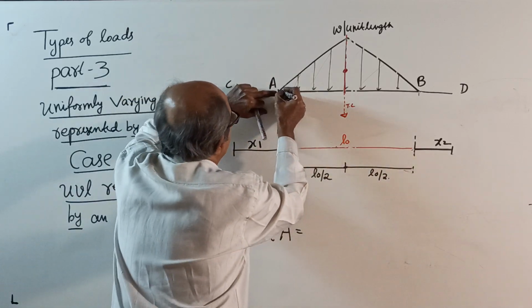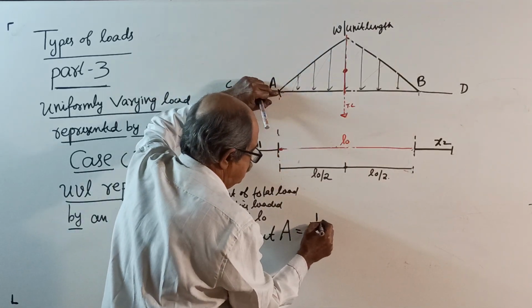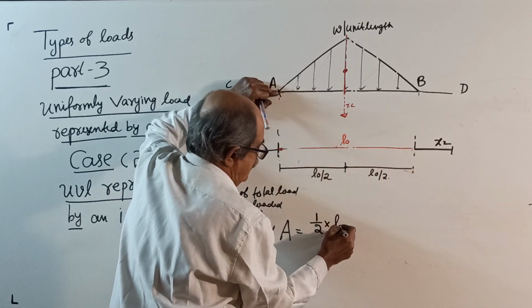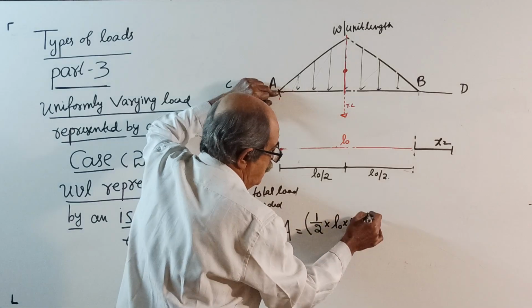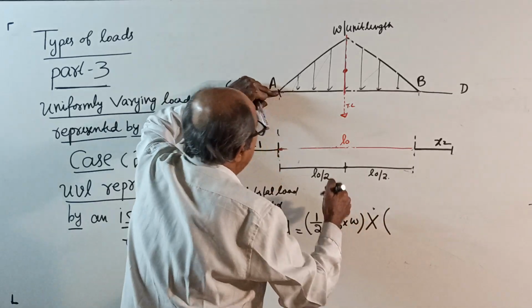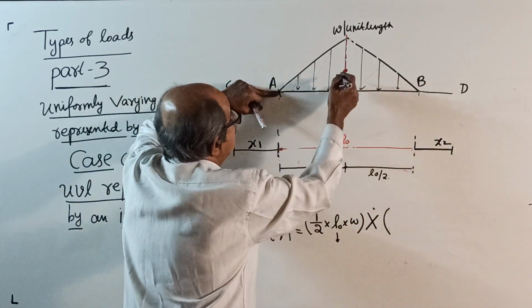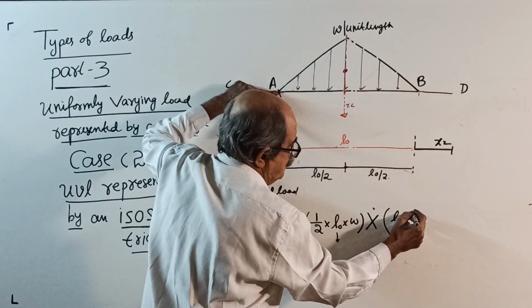Therefore, if I want the moment about A, the total load is half into L naught into W. This is the total load, direction down, multiplied by the distance from here to the centroid of the loaded length, which is L naught by 2.